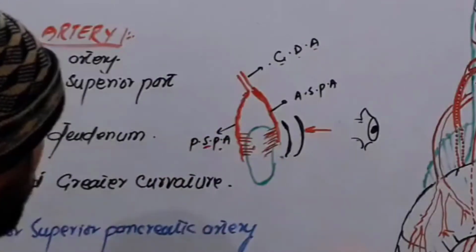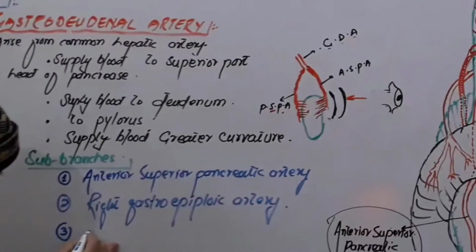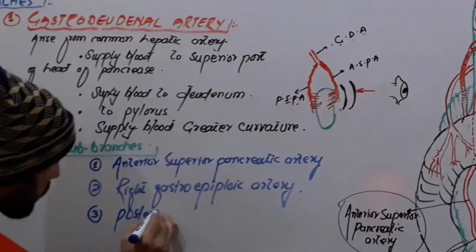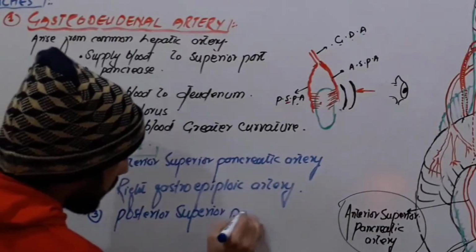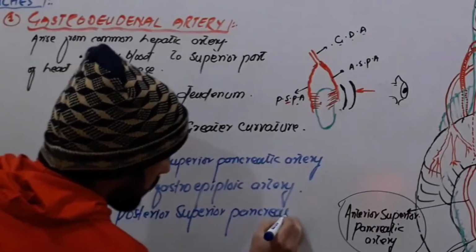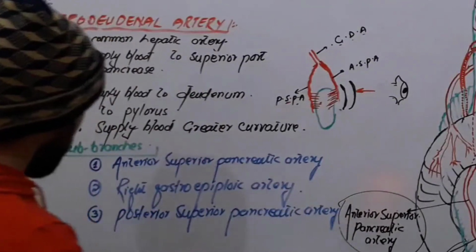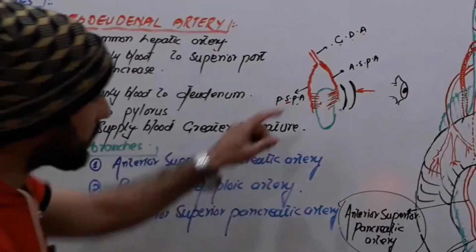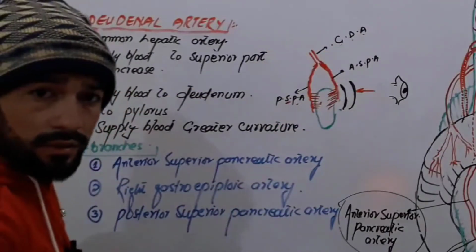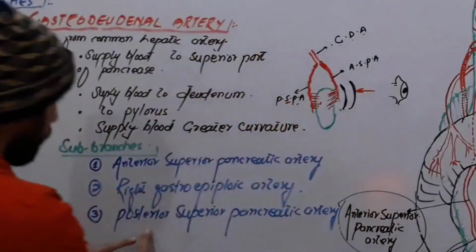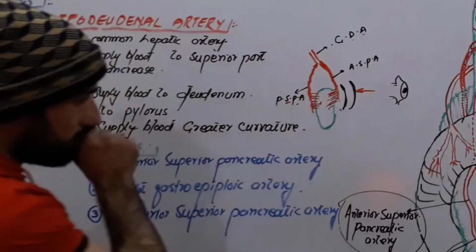So this is the third branch of the gastroduodenal artery, which is called the posterior superior pancreatic artery. Okay, we did it. This artery is also responsible for supplying blood to the posterior parts of the head of the pancreas.